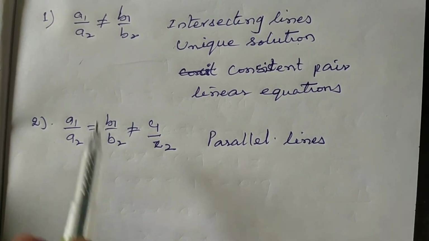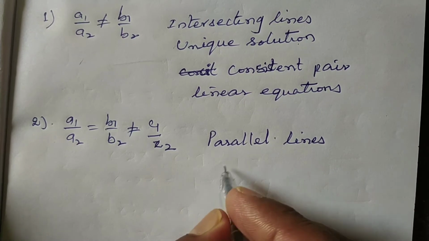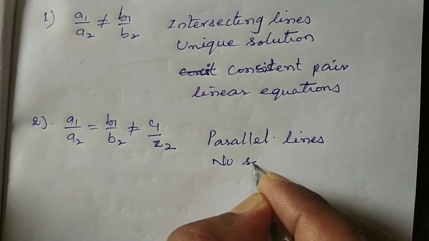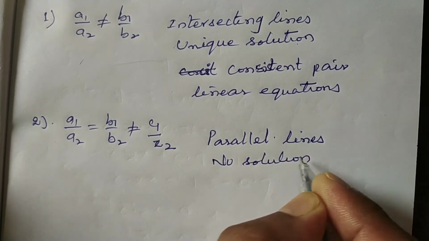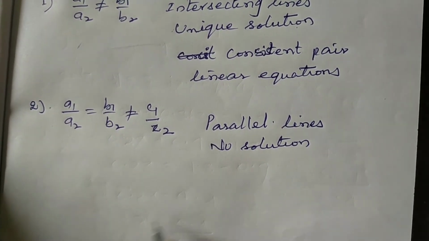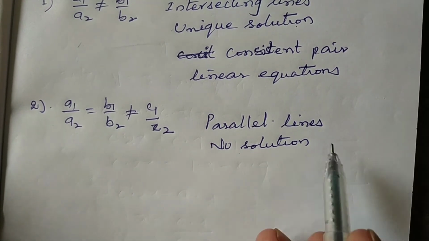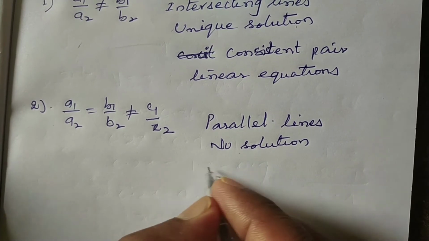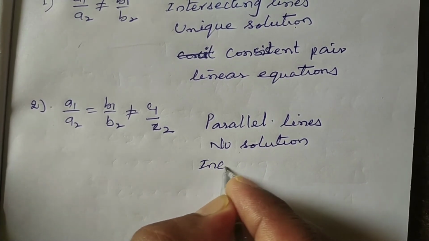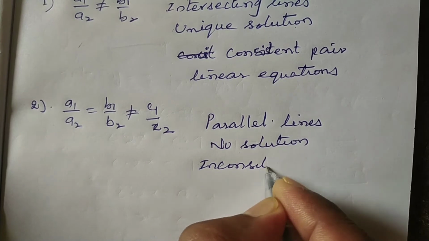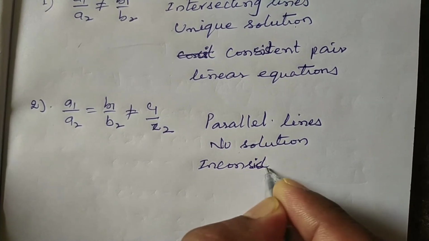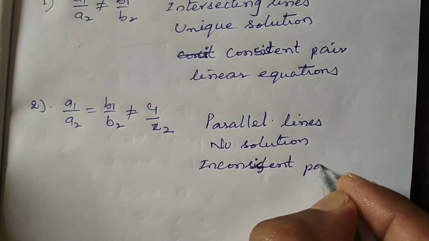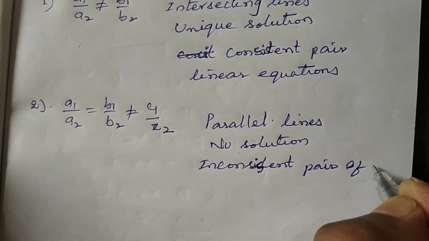Then there is no common point, that's why no solution. And when they don't have a solution, these lines are called an inconsistent pair of lines.